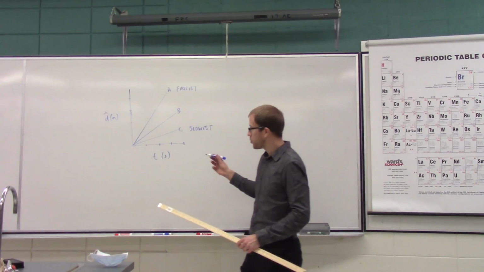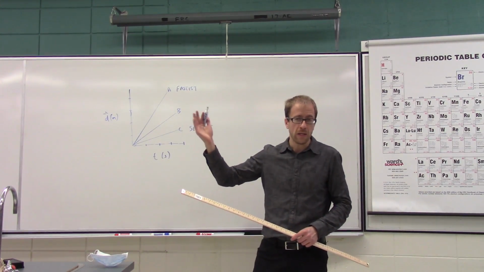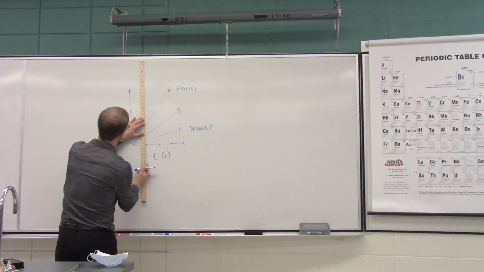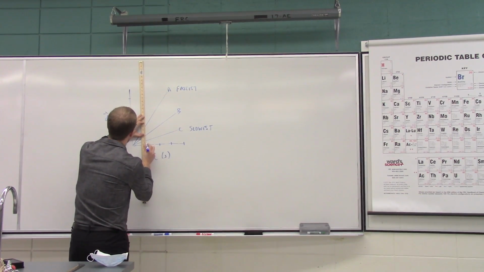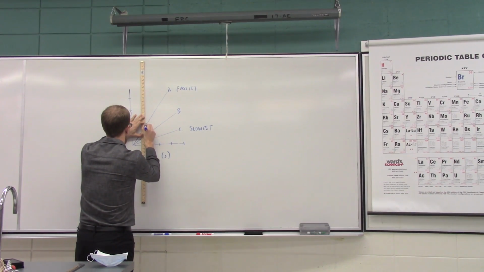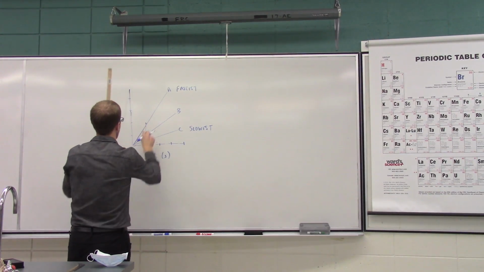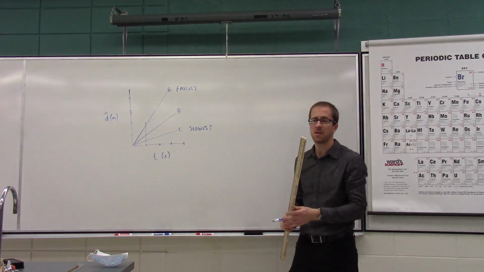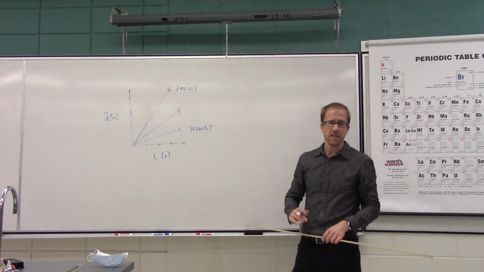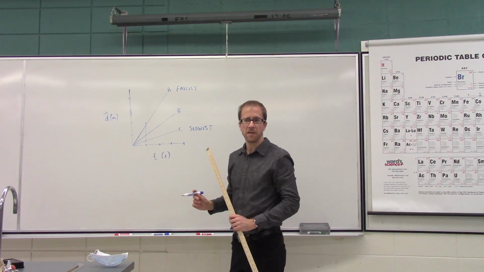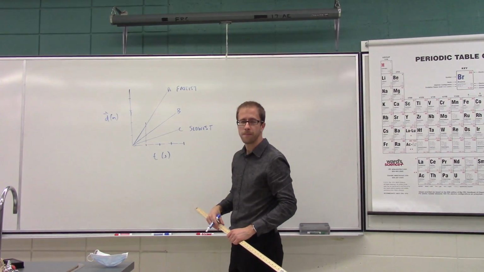So, if I wanted to show you this mathematically, looking at this graph, all we have to do is this. We can draw a straight line up from any time point. Here's some time. It doesn't really matter what the time is. At this time, which of our objects had the greatest change in position?